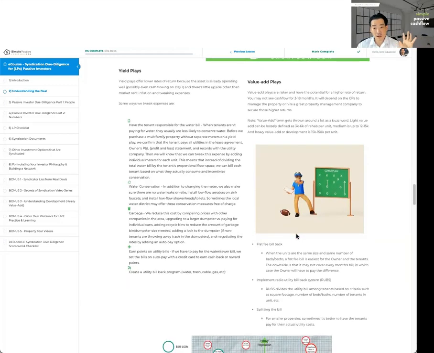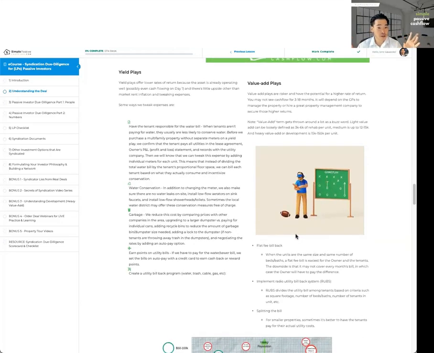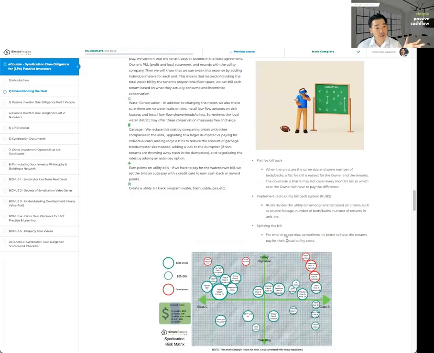And of course, there are other ways you can add value which are not physical construction. Those could mean all the things listed here, more like management plays to lower expenses or keep expenses where they're at, or other means to drive up income, especially other income.